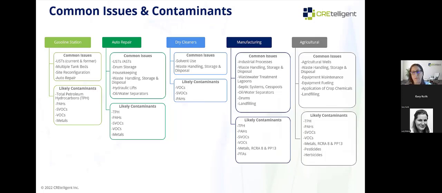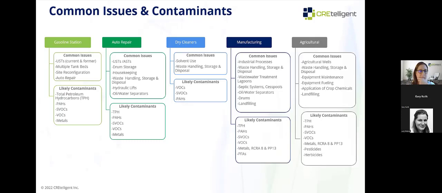This is not all that you'll see, but this is probably a fair amount of what might cross your desks. So I would say it's a handy chart to keep on hand. And as you're thinking about Phase 2 scopes of work, or if you receive a Phase 2 and you're curious about what they looked at or why, you can also cross-reference with this to see if it seems to make sense. And Dario might add on to this.